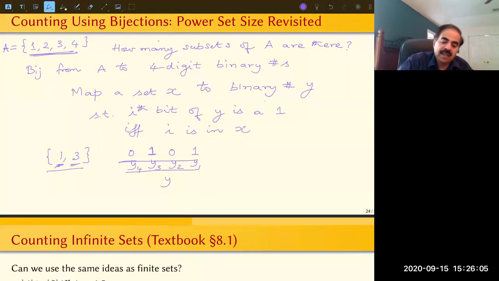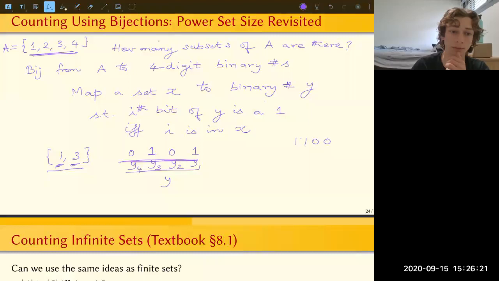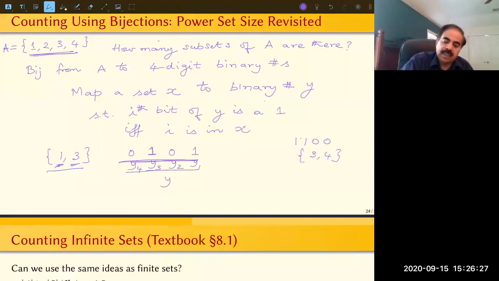Similarly, if I have a binary number such as 1, 1, 0, 0, what would be the corresponding set? It would be 3 and 4, because that means Y3 and Y4 are set.